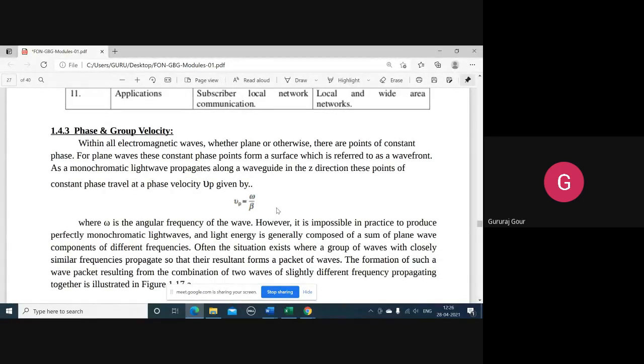Next we can discuss quickly another important concept, that is phase and group velocity. We all know till now that an intensity modulated wave is nothing but a combination of electromagnetic field components and photons.